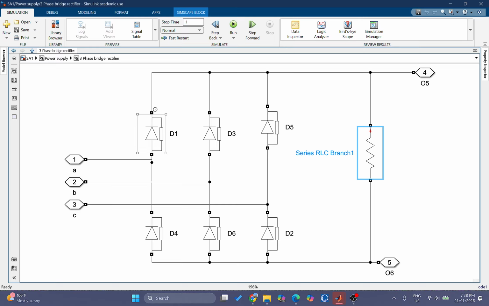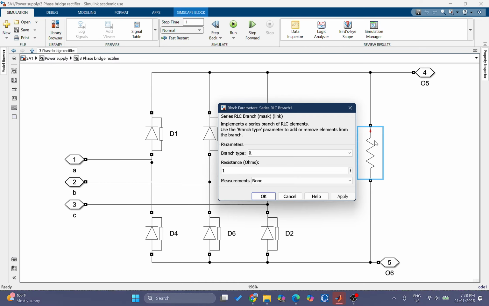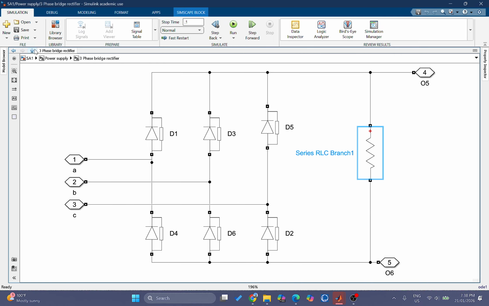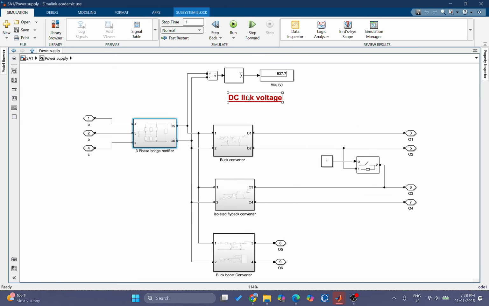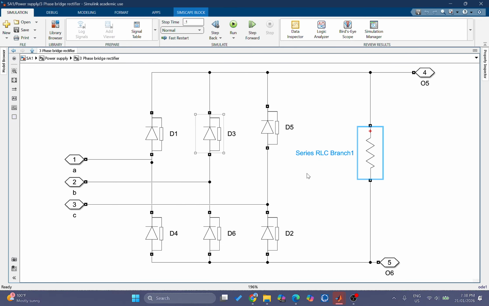The three-phase bridge rectifier has 6 diodes, with pairs of diodes connected in series, and each phase is connected to the middle of each pair, and the output produced is our DC link voltage.